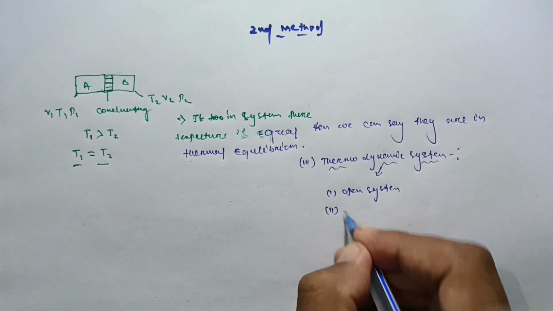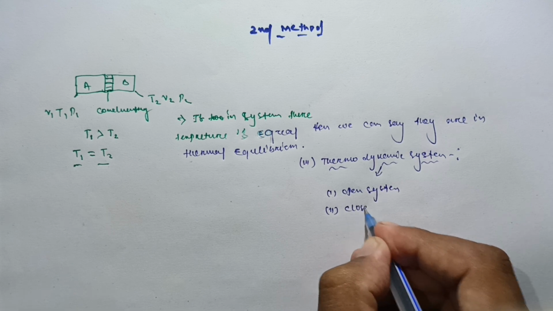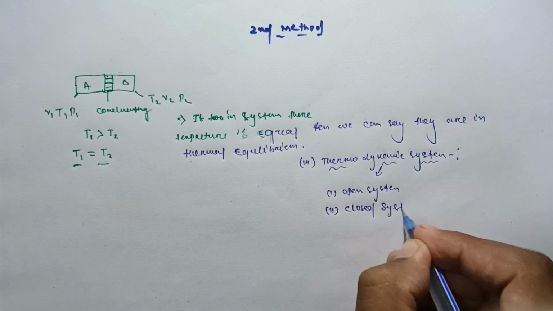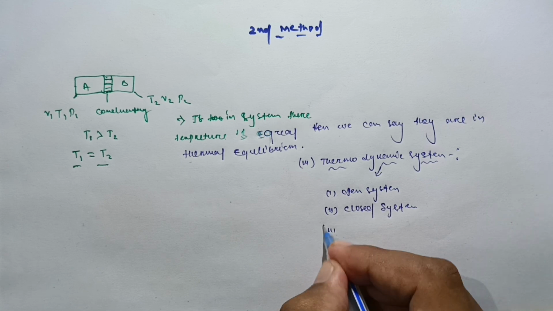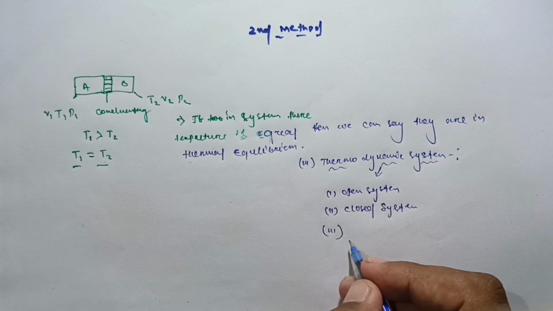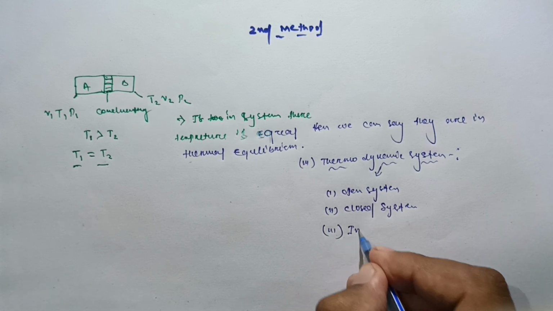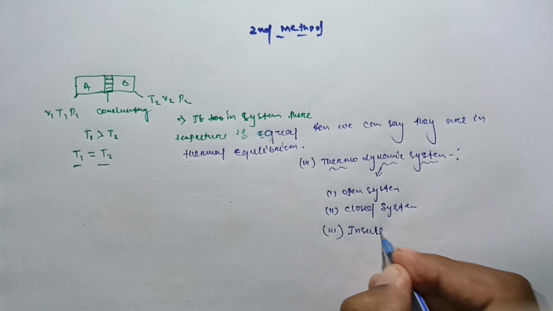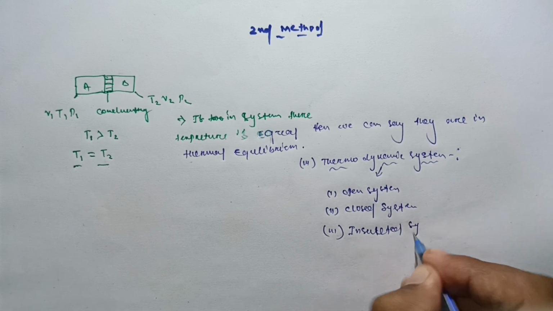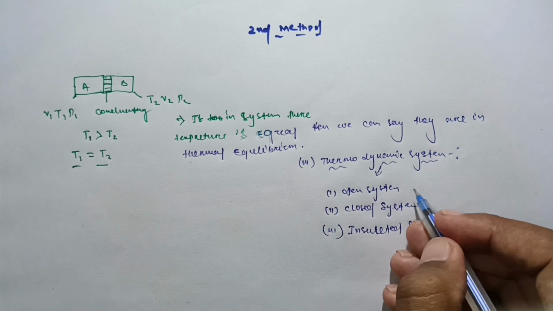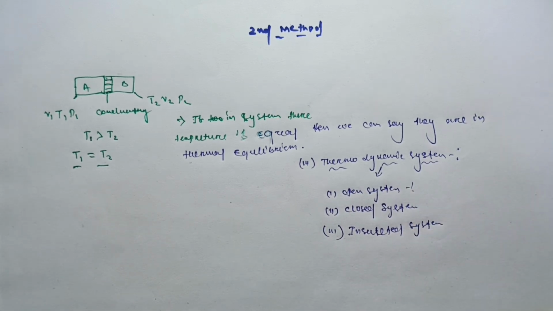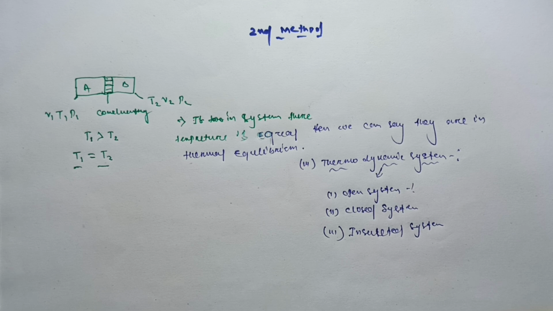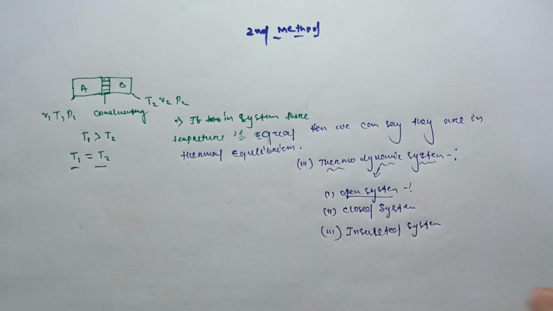Second, closed system. And third, insulating or insulated system. If a system can exchange both energy and matter, then we call it an open system.